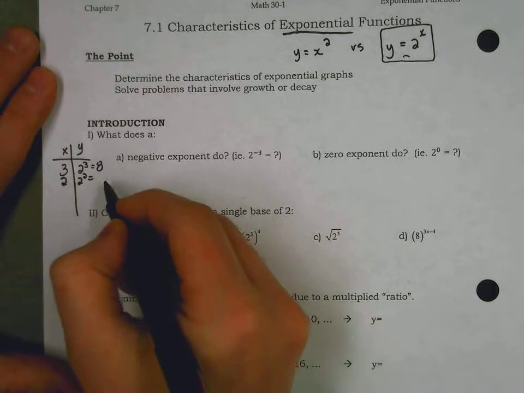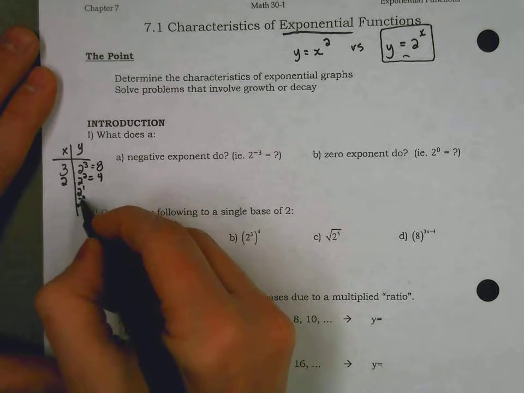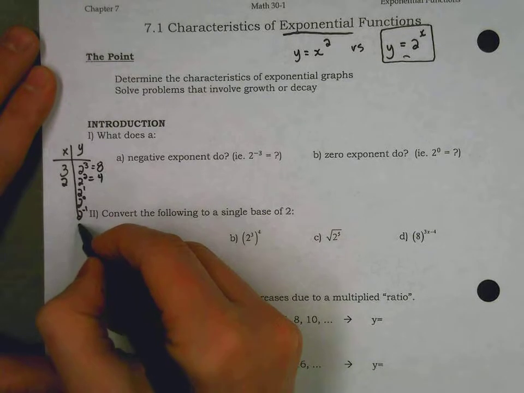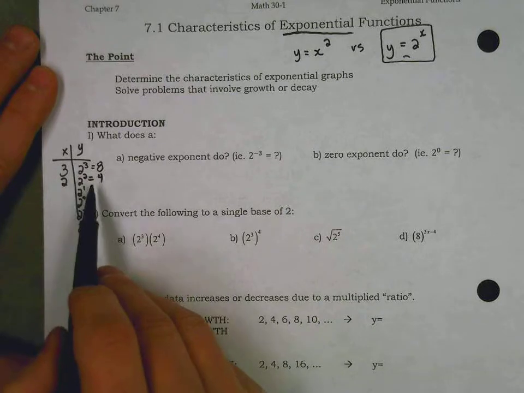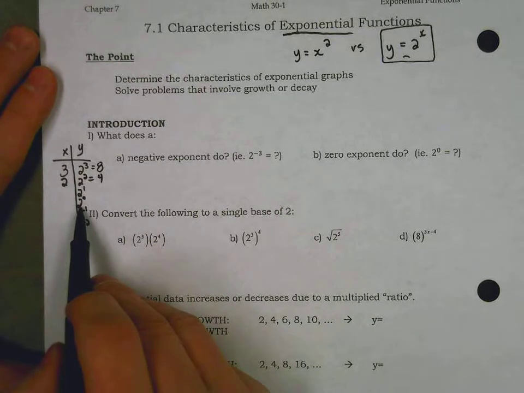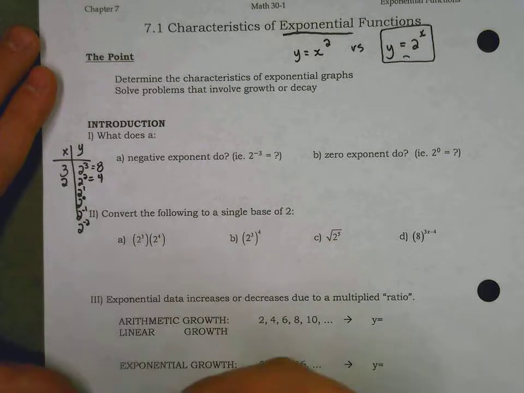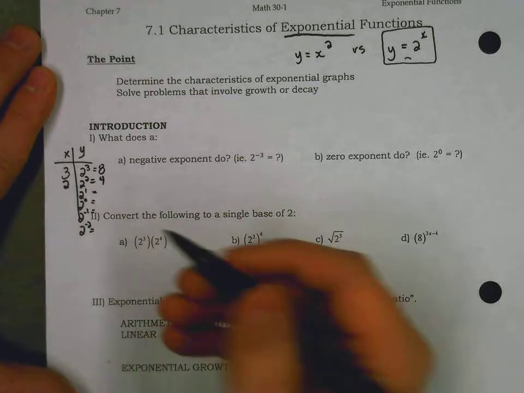Well, 2 squared is 4. Let's keep going: 2 to the 1, 2 to the 0, and all of a sudden, it doesn't make as much sense to say 2 times 2 times 2. What does it mean if I say 2 to the power of 0? It sort of defies logic a little bit, but there is a pattern that allows us to determine values.